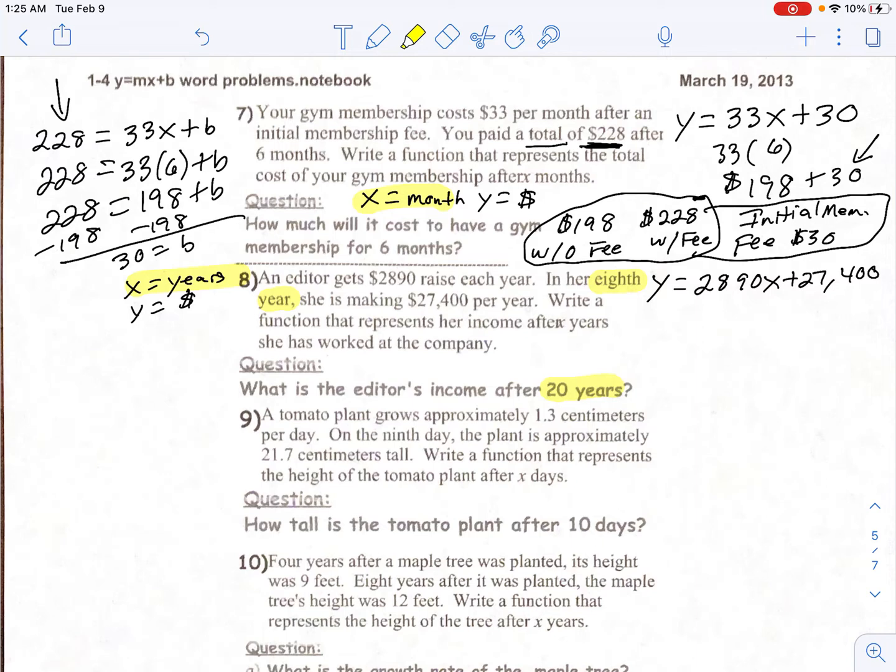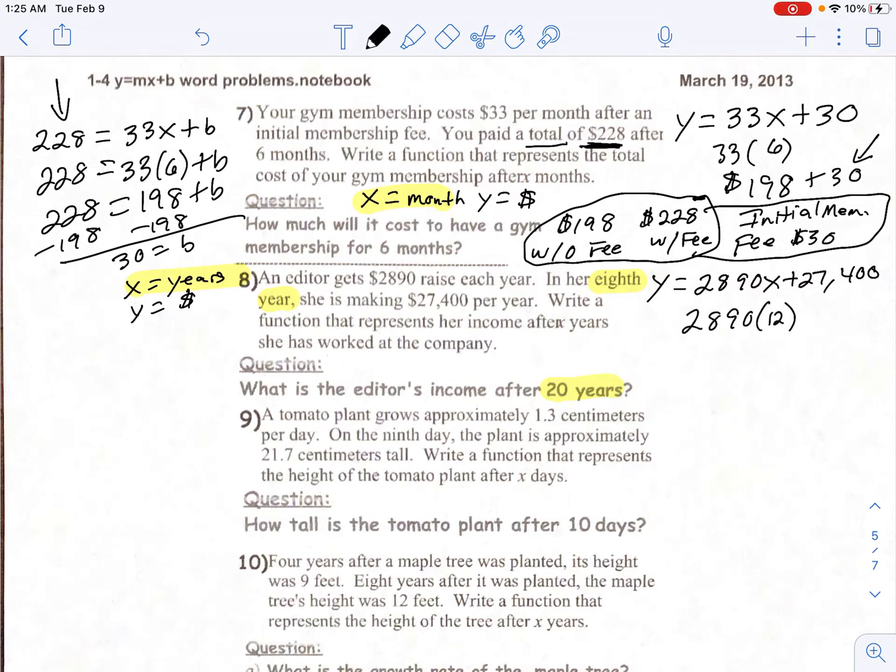So what's the difference between 12 years and 20 years? I just told you the answer. I hate it when I do that. What's the difference between 8 years and 20 years? 12 years. So for the next 12 years, she's going to get this amount of raise starting in her 8th year at 27,400.